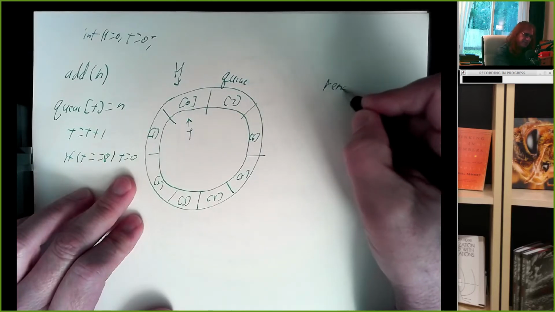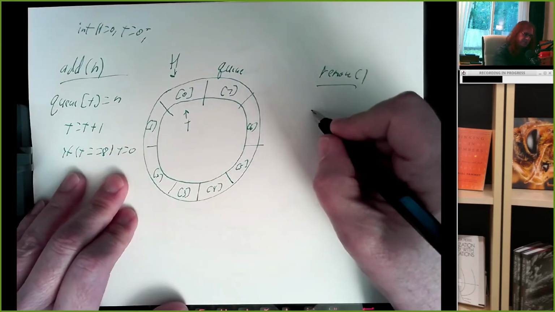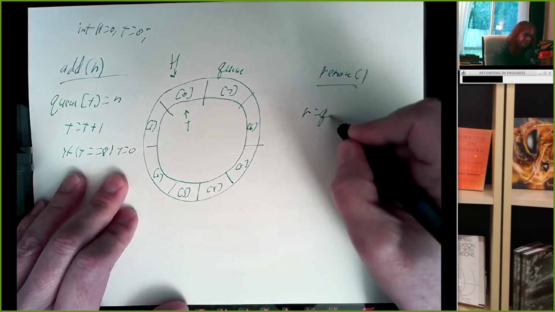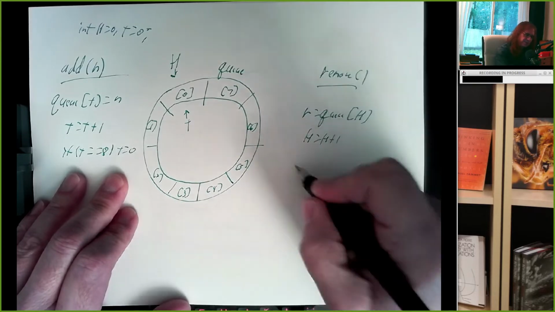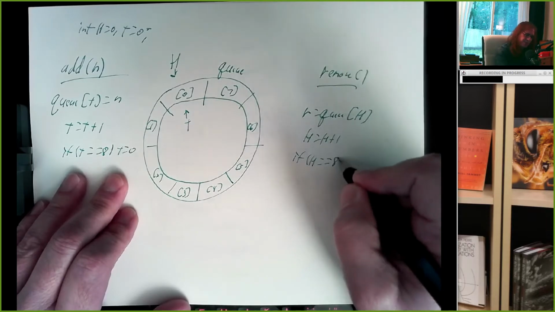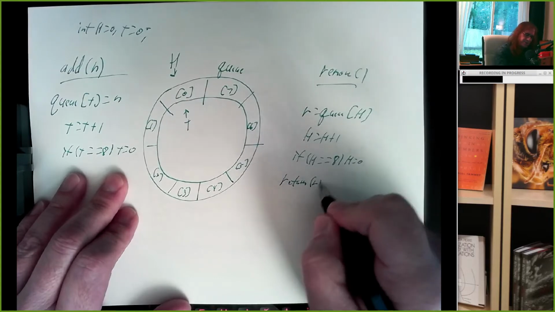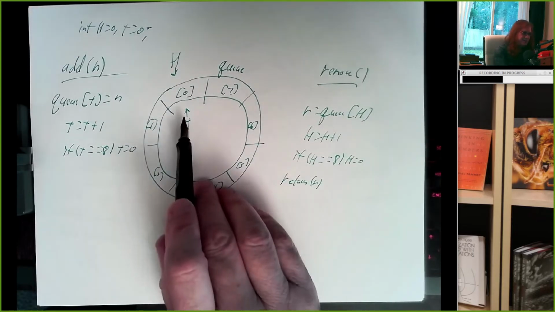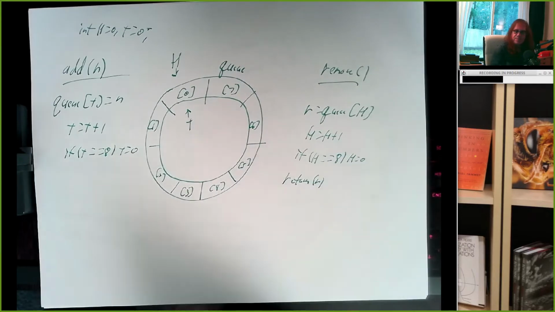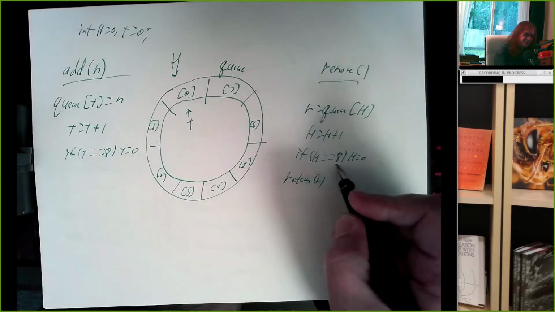And then remove should basically be R = Q[head], head = head + 1, if head equals 8, head = 0, and then return R. So same thing as adding, except we read from the head instead of writing at the tail, and then we adjust the pointer as usual, and we roll it over at 8 in this case, but this would be whatever the size of the array is.